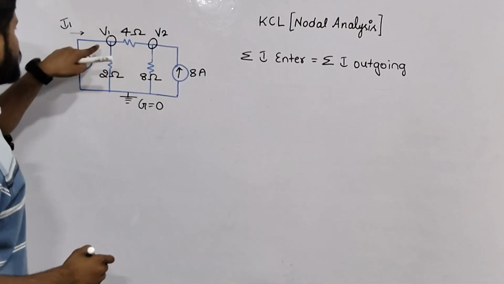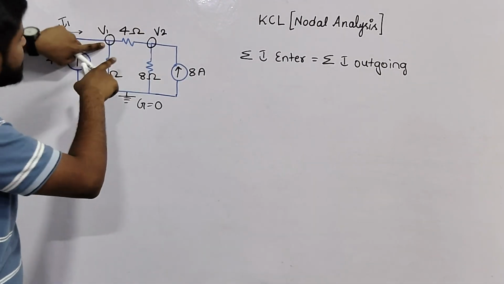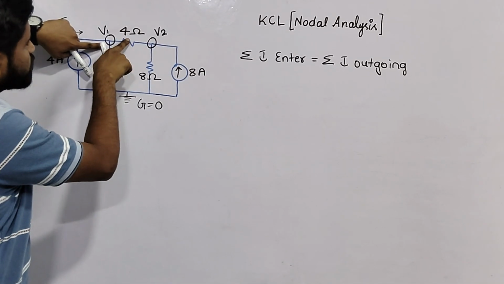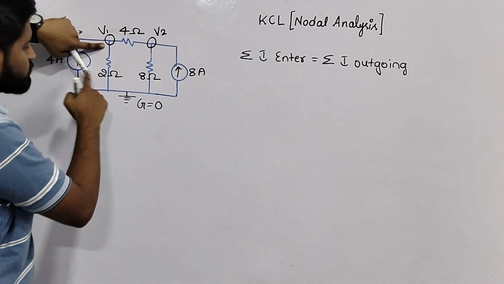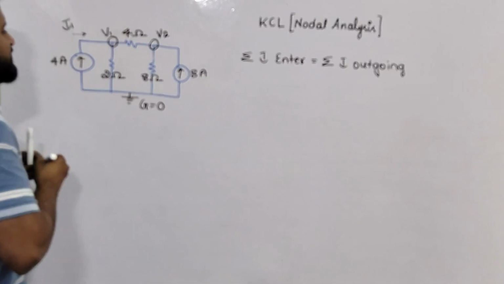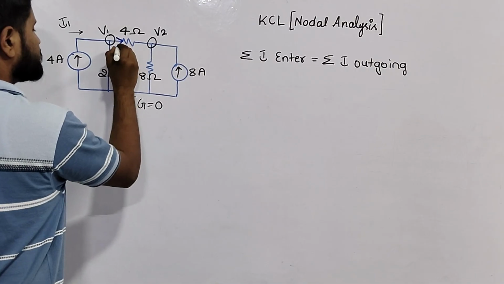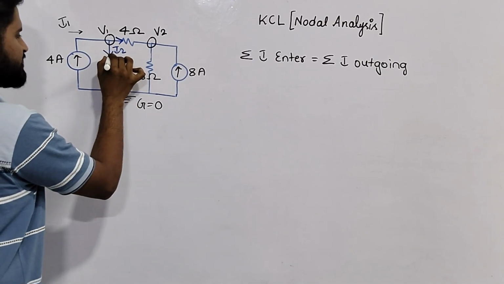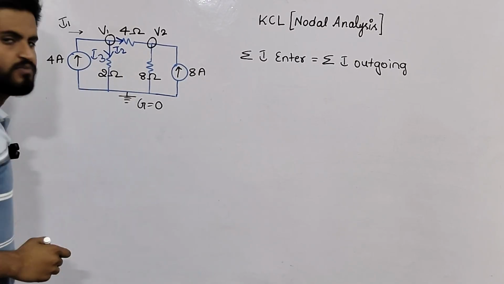When it approaches here, the current I1 will be split into two parts. Some amount will go to this 4 ohm resistance and some amount will move to this 2 ohm resistance. This current I will call I2, and the current coming towards the 2 ohm resistance I will call I3.